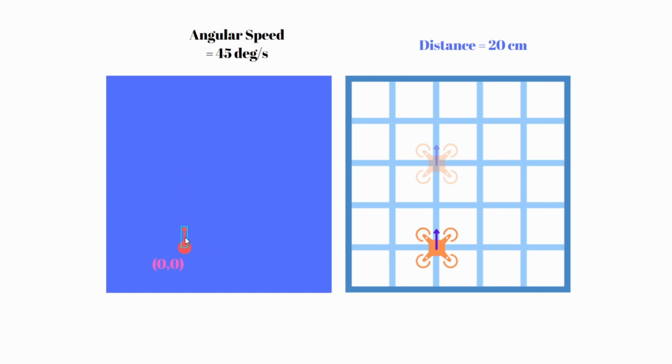It means if we rotate it twice, then in 1 second it will rotate 45 degrees, and in another 1 second it will rotate 90 degrees. So this is what will happen. Now our coordinate is pretty much the same, 0, 0, but our heading is towards the east instead of north.